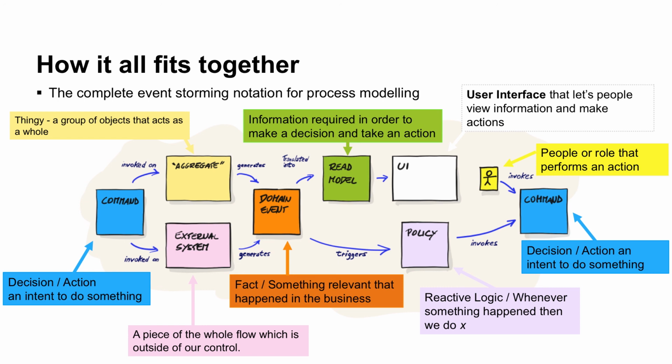And then you will have these commands, aggregates, external systems, domain events, read models, user interfaces, actors or people, policies or reactions, and then you will have a command again, so that it starts over.